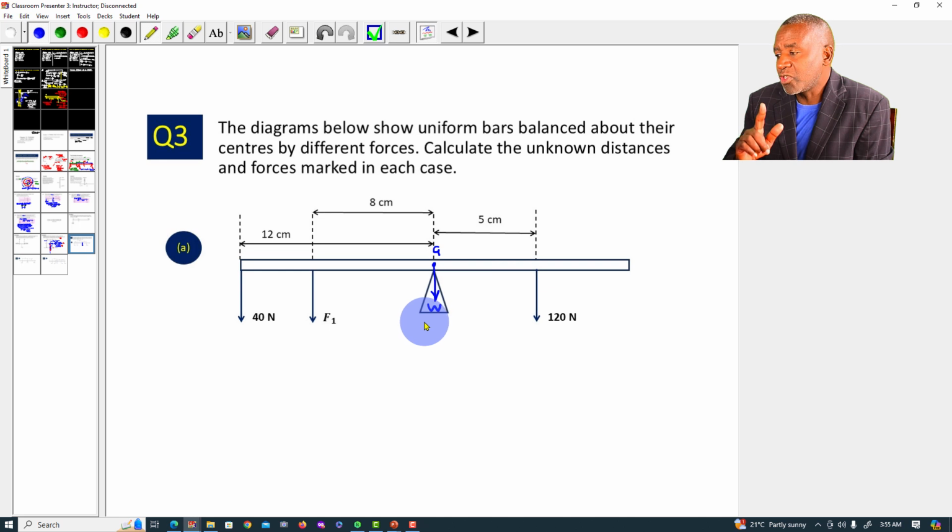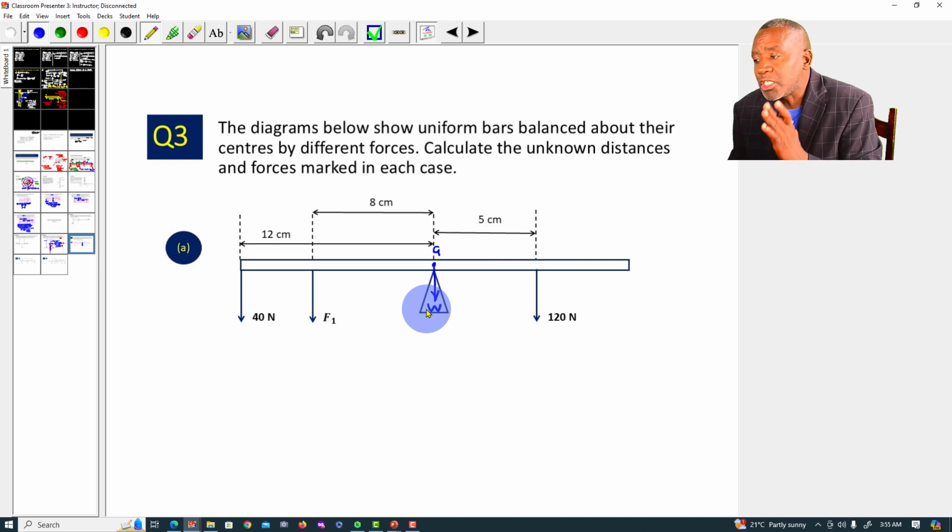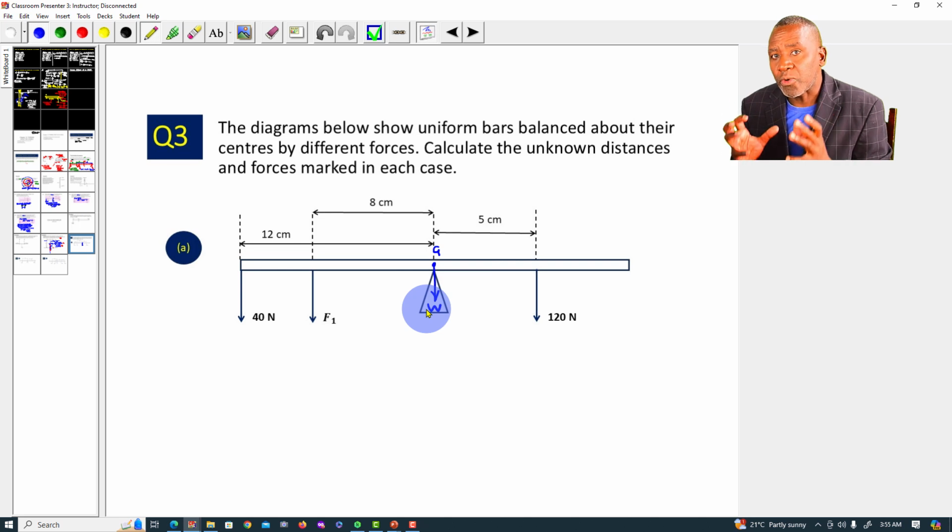And since we are taking a moment about that particular point, the moment due to that weight becomes 0, because the perpendicular distance from the turning point to the line of action of the weight is 0. Any number multiplied by 0 is 0. That is a very important concept.